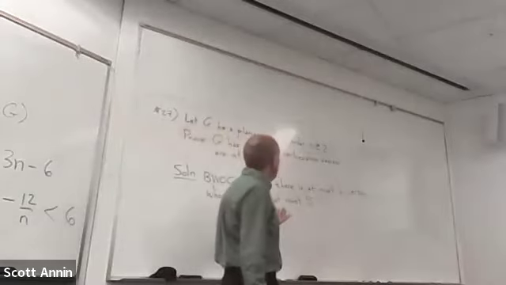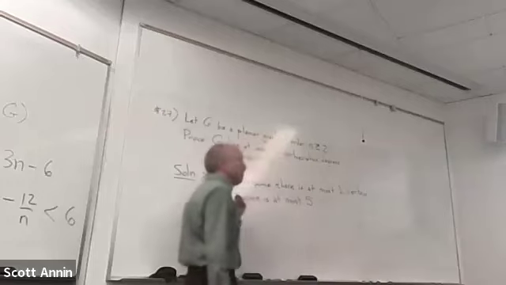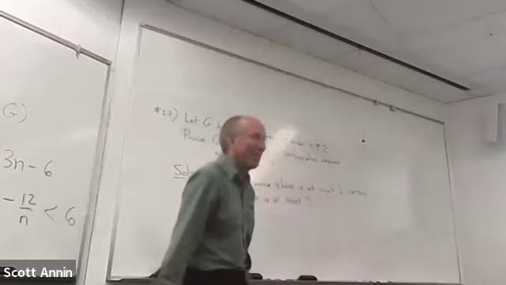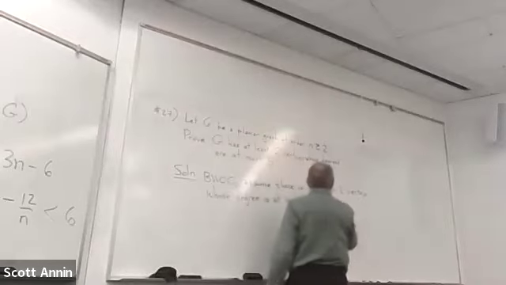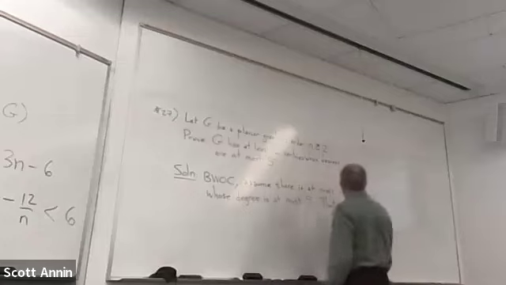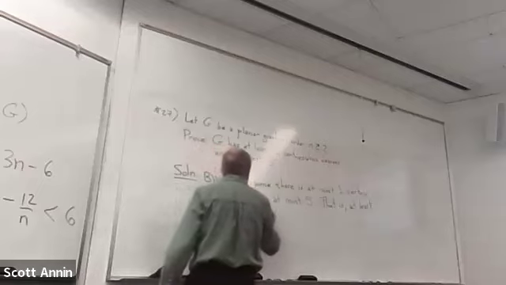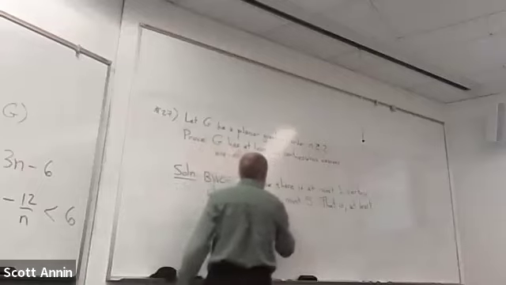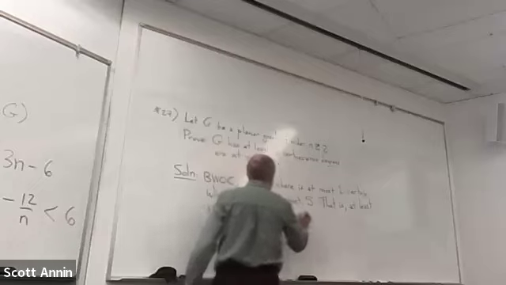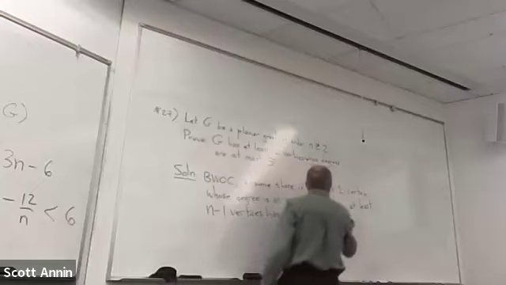Another way of saying that is that at least n minus 1 of the vertices has degree at least 6. Okay, let's write that down. That is, at least n minus 1 vertices has degree at least 6.